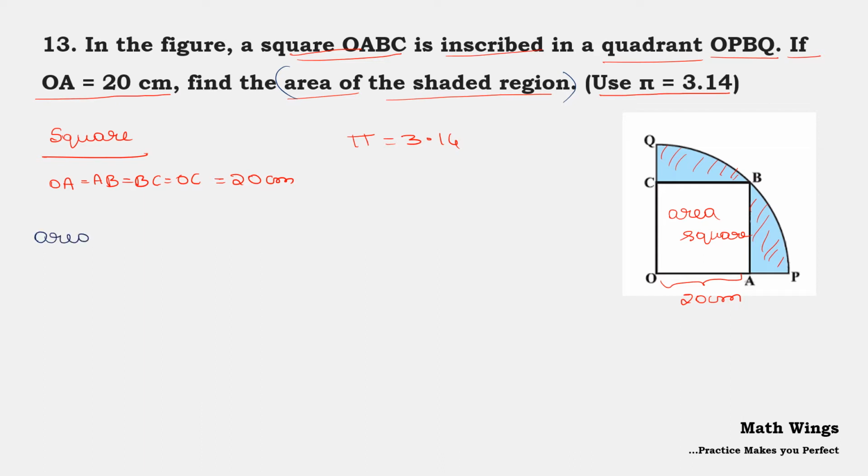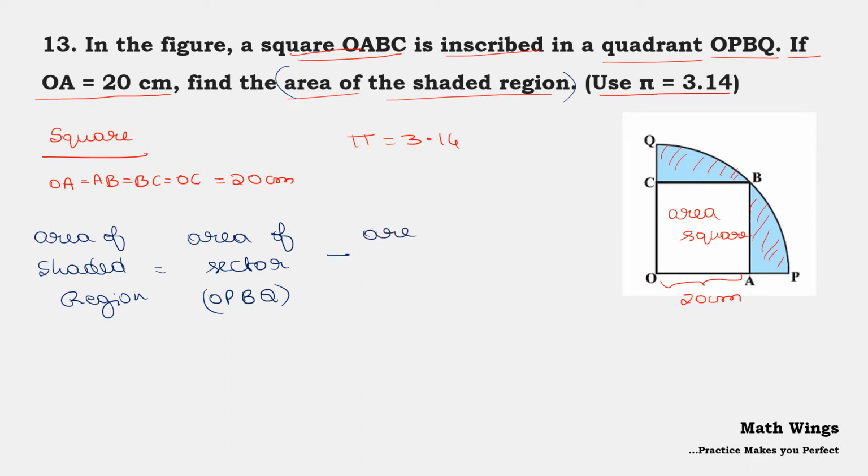The area of the shaded region is equal to the area of the sector OPBQ minus the area of the square OABC.